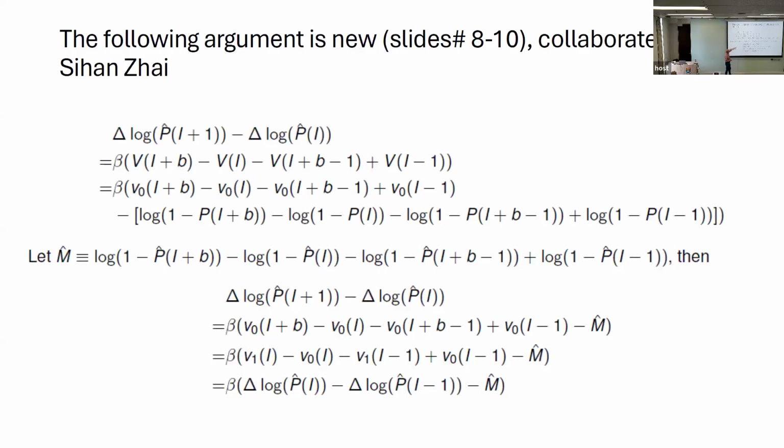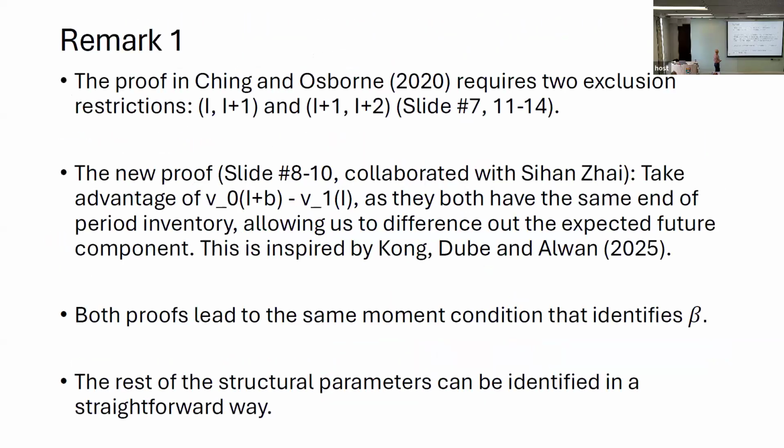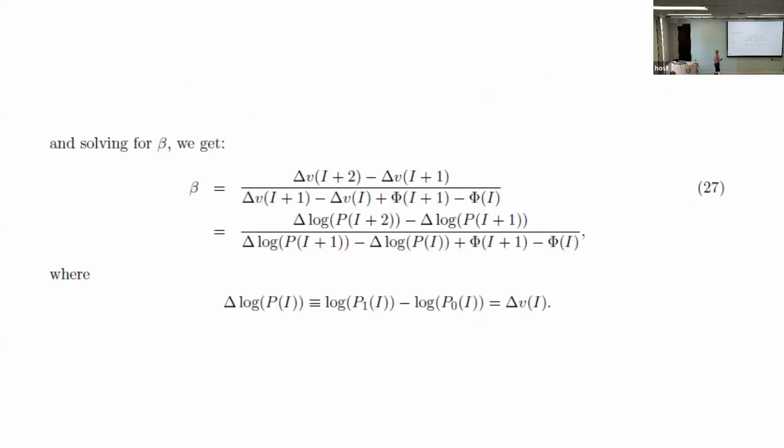And then with one more trick, you can write these equations down as these expressions. I would just skip all this math and go to the final equations here. You essentially can show that there's one moment condition that can help pin down the discount factor. This is a more mathematical way to think about the intuitive argument that I just explained. And everything on the right side can be expressed in terms of choice probabilities.